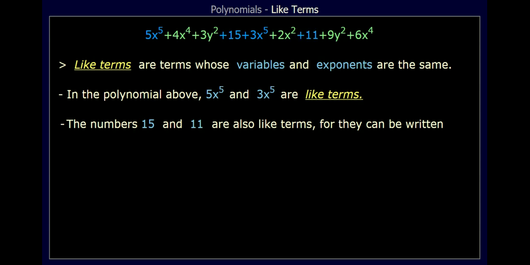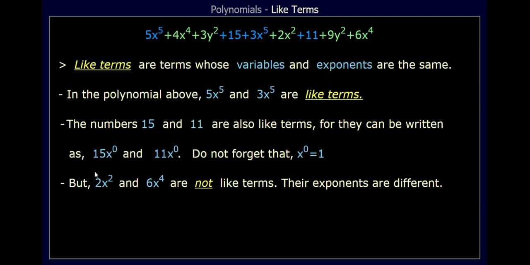You may be saying to yourself, well, where are the exponents? Well, we can write that as 15 times x to the 0 and 11 times x to the 0, and that's because anything to the 0 power is 1. So we don't write our 1s, just kind of a trick. But you can tell these are just two numbers, so they're the same.